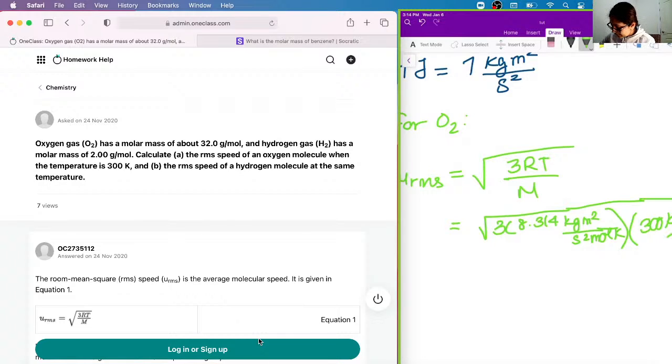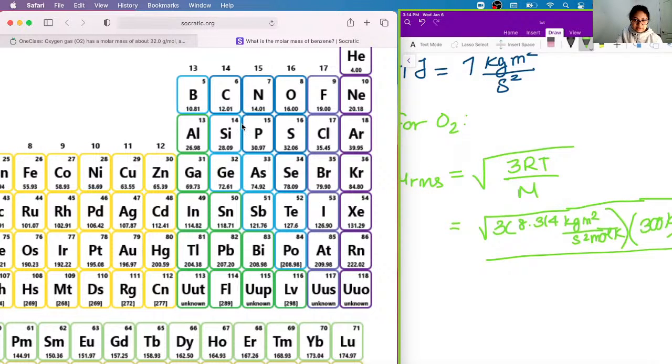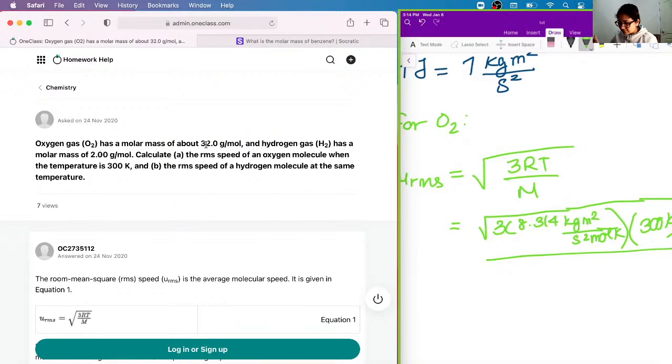Okay. And so the molar mass of oxygen, O2 gas, since we have 2 atoms of oxygen, we can look back at our periodic table and see that 1 atom of oxygen is 16 grams per mole. In this case, we have 2, so you multiply that by 2, and you get 32.0 grams per mole.